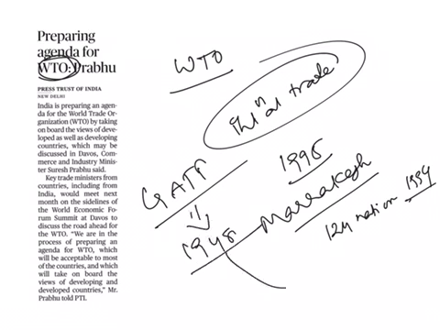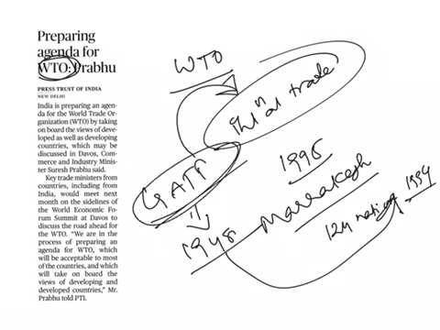So from 1948 to 1994 there was the GATT, and this GATT was replaced by the WTO, the World Trade Organization, in 1995. So this is about the objective and history of the WTO.